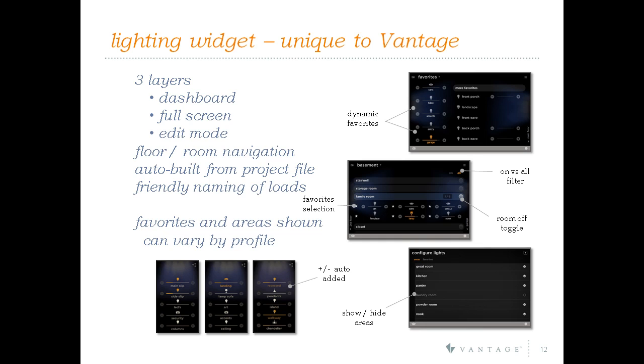You use these lights in the morning most often, and you use these lights in the evening most often. I don't know about you guys, but I do. And so because of profiles, which allows you to change out your favorites and show and hide different rooms, you can set up the lighting widget to be a very, very quick and easy and sophisticated interface for your customers. Really, it's got lots of power.